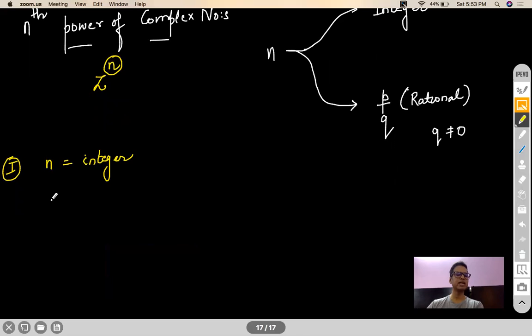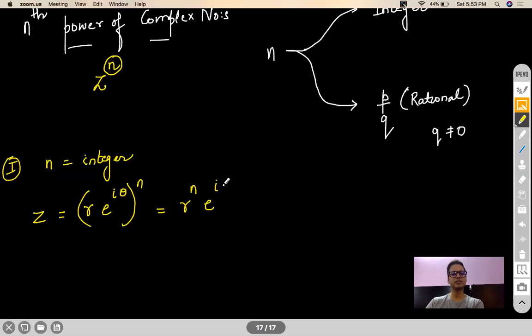the best way to look at z to the power n will be, let us say z is r e to the power i theta. And if you raise it to the power of n, you would realize that you are actually doing this activity. So your r will get raised to the same power n, and your e to the power i theta, the power will get multiplied to n.